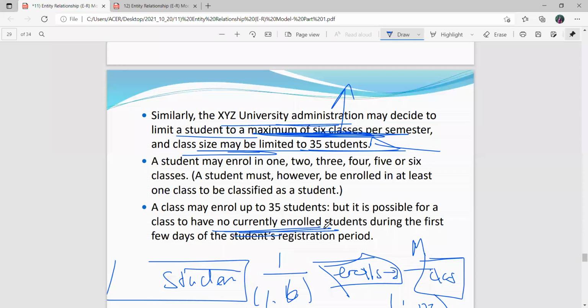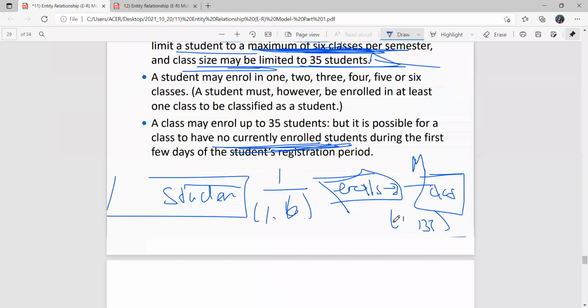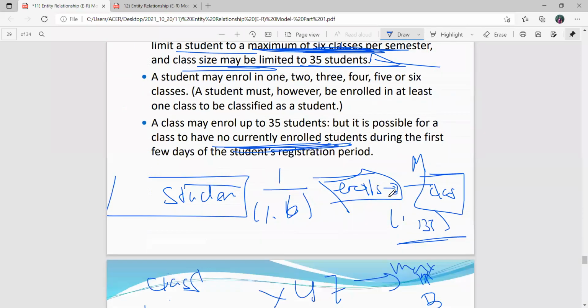Ma'am, in which cases does 0 come? In the first example, for the professor, the cardinality is 0 to 3. There are requirements. As an example, if you are going to create a database for OUSL, it depends on your requirement.